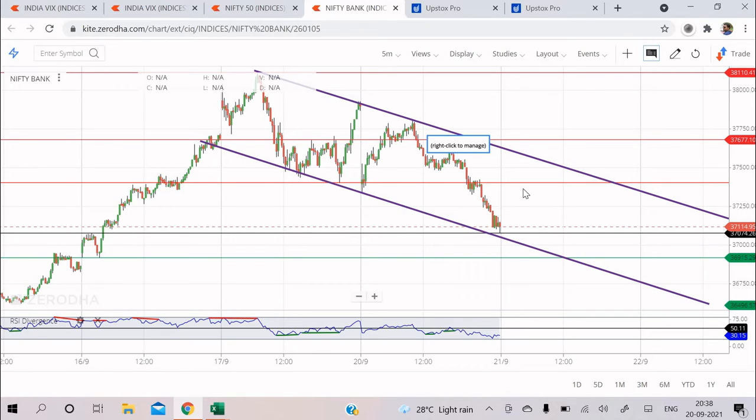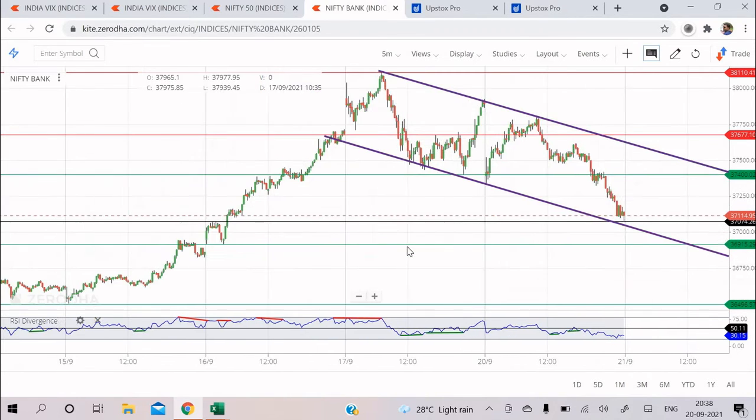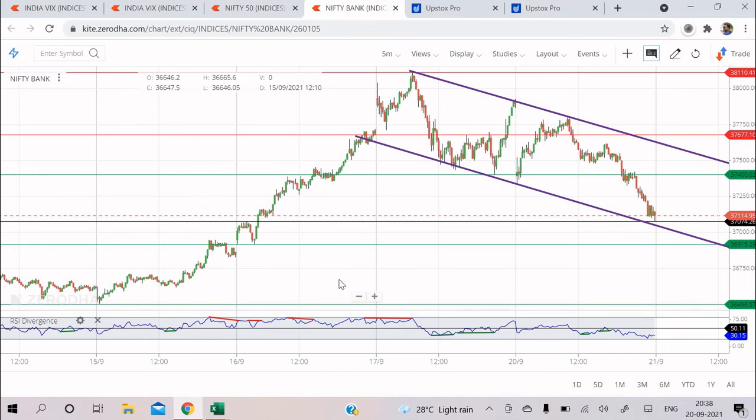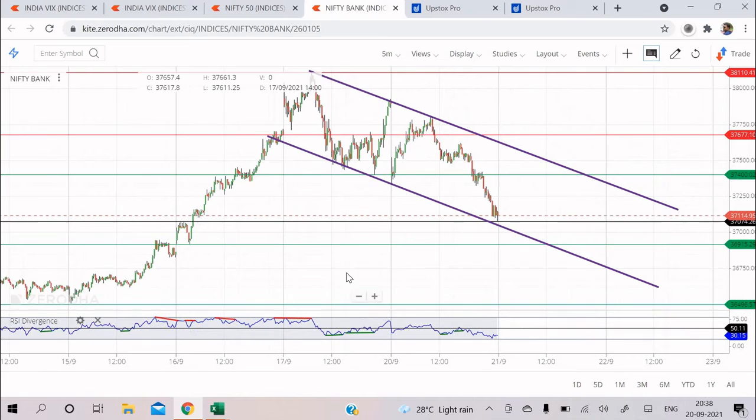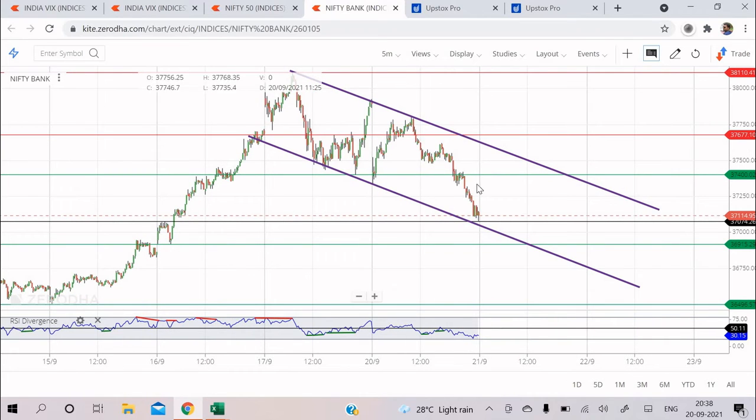I am personally not interested in bearish trade, at least for tomorrow, because we already saw a good fall today. Since this is a correction after a significant uptrend, we know that Bank Nifty turned quite bullish, and this is the first time it is correcting itself.